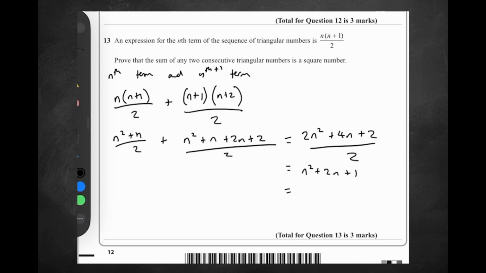And we can also say this as n plus 1 squared. And we know that this is a square number, as it is a number squared, as required.